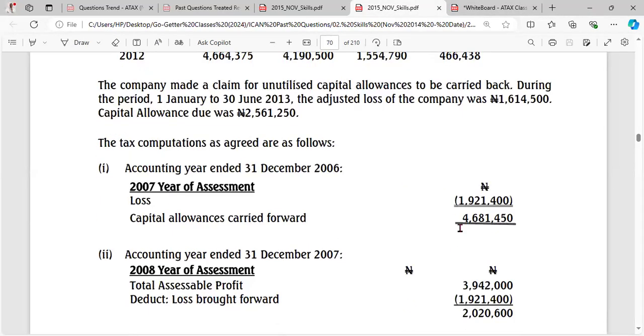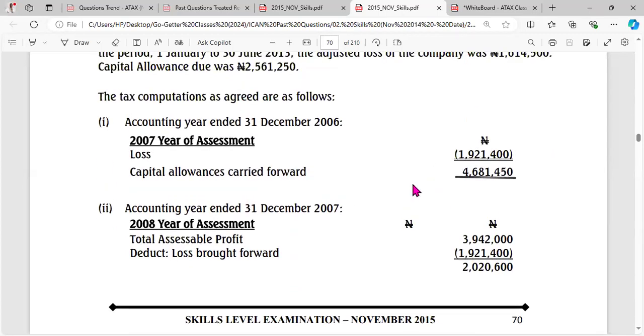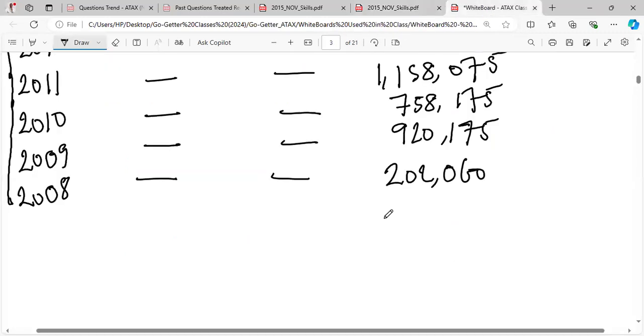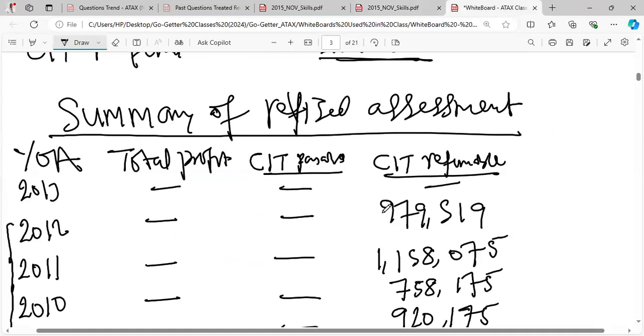Even at that, in 2007 you have a loss, so you didn't even have a capital allowance. The 2007 year of assessment will not be revised. You're only going to be doing as much as five years backward. So that's how we do carry backward of capital allowance.